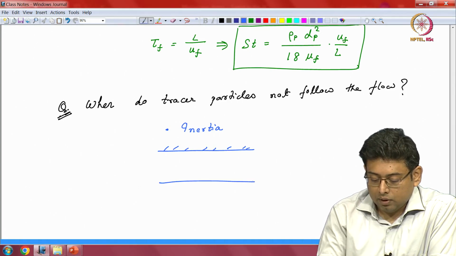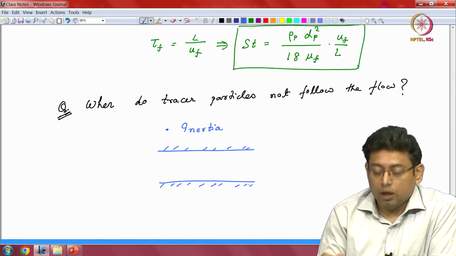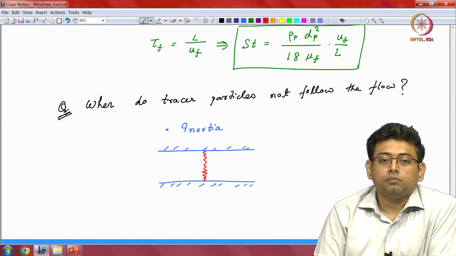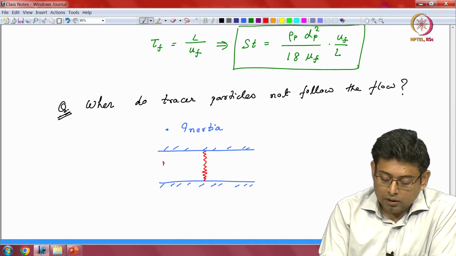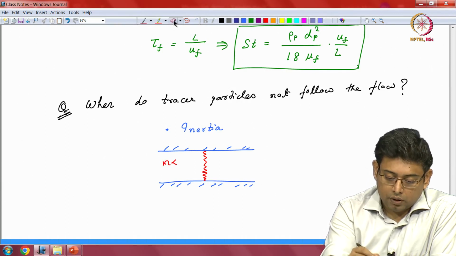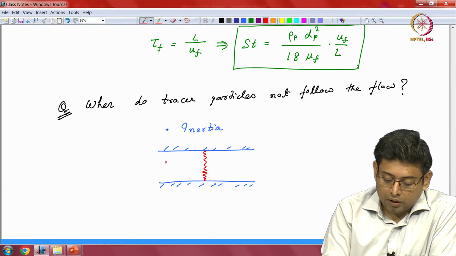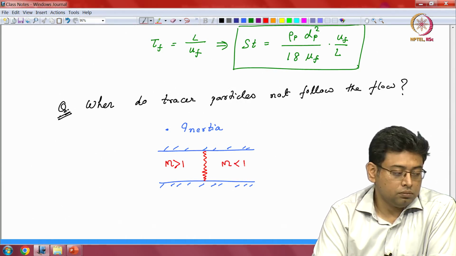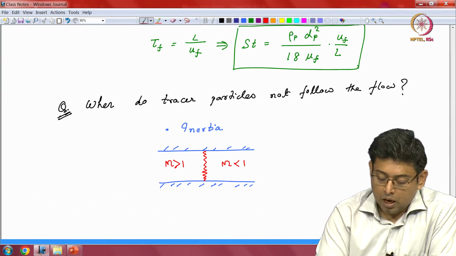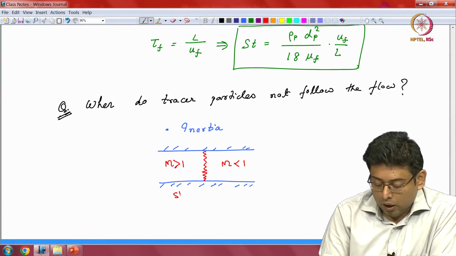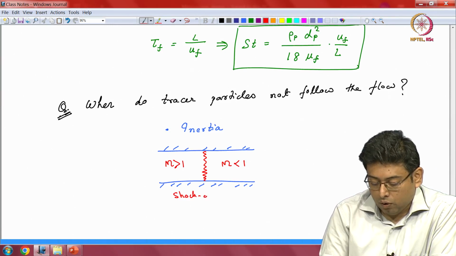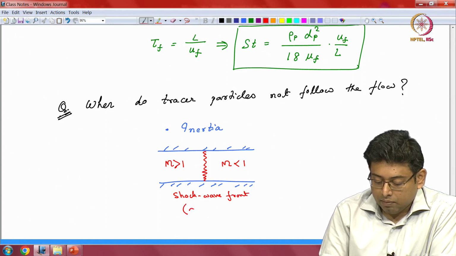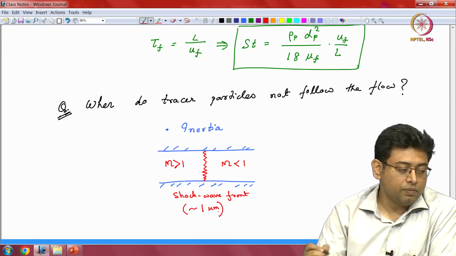Let us say we have a channel here, and there is a shock wave at some point, and the velocity field is such that on this side you have a supersonic flow, and on this side you have a subsonic flow. M stands for Mach number here. This shock wave front is geometrically very small, perhaps of the order of a few microns.